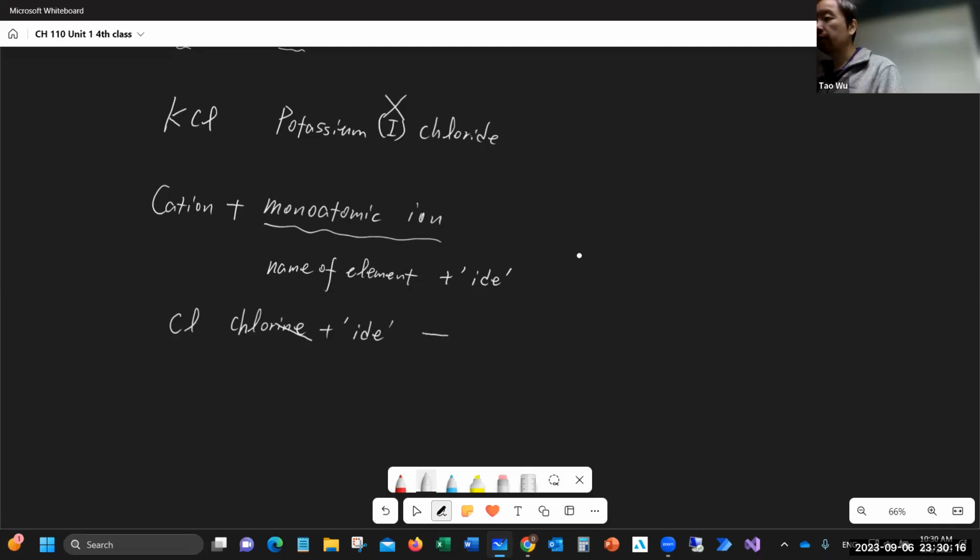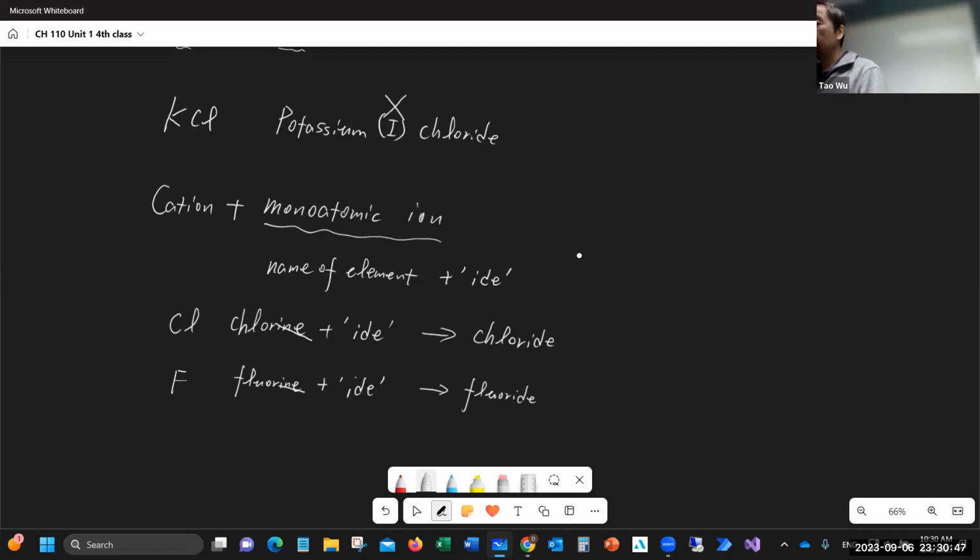So this will give you chloride. And if you have fluorine, you add the IDE, get rid of the ending, and that's called fluoride.